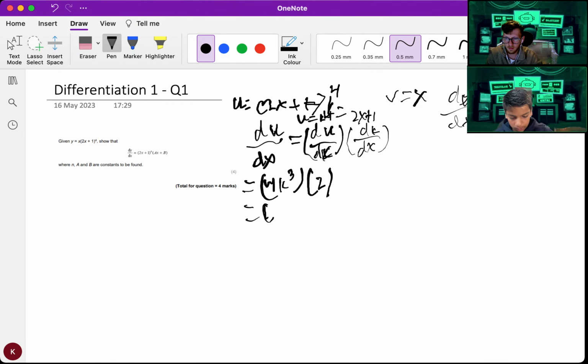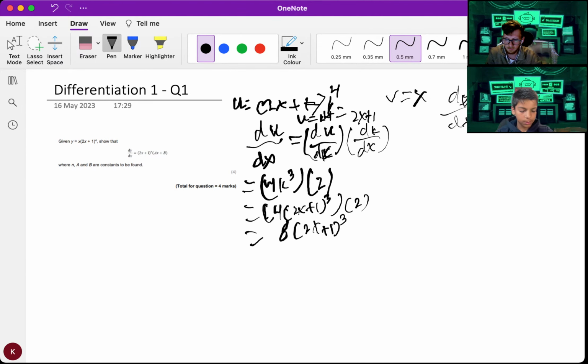If we sub in, that's 4 times (2x plus 1) cubed times 2, and that is 8 times (2x plus 1) cubed.